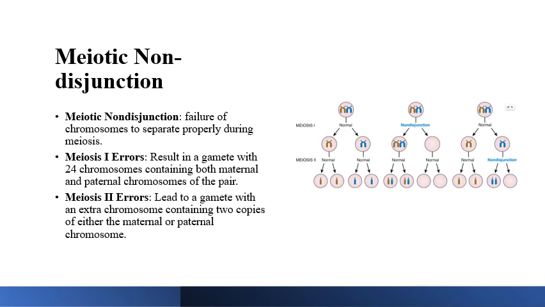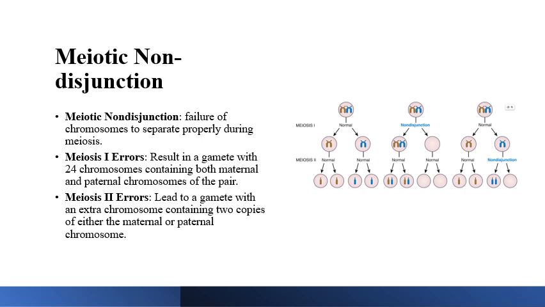Now in this diagram, we see meiosis, a cell division process that creates gametes with half the usual chromosome number. Meiosis consists of two stages, meiosis 1 and meiosis 2. Under normal conditions, chromosomes separate equally, producing balanced gametes. However, in non-disjunction, which is illustrated here in two scenarios, chromosomes fail to separate properly.